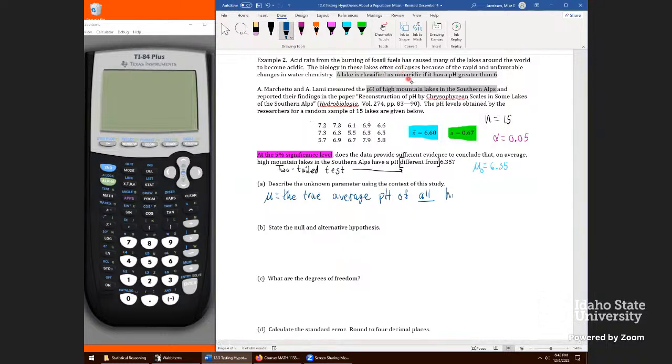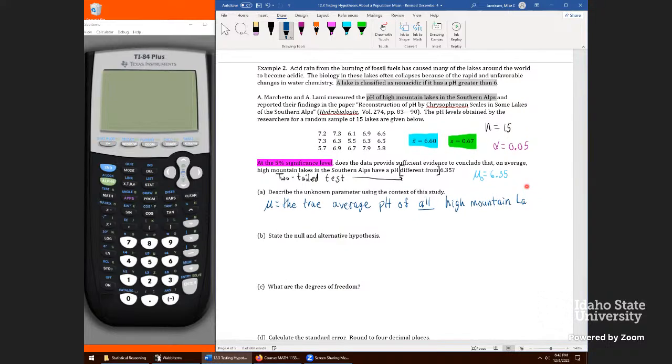So of all high mountain lakes in the Southern Alps. We got it, folks. That's our population characteristic mu. Does it make sense on how we put that together?